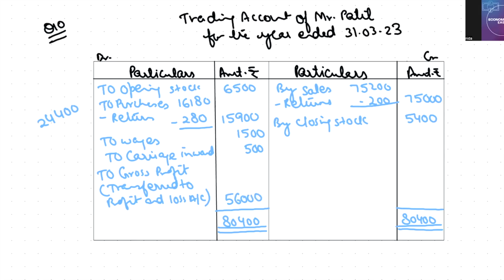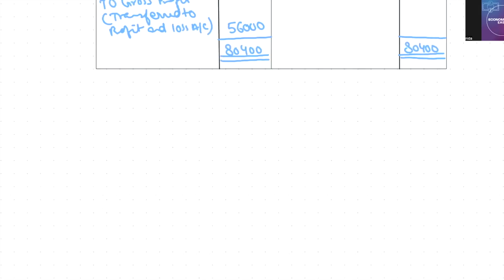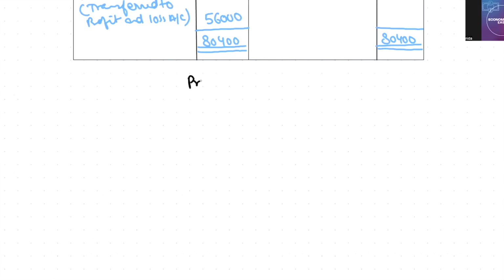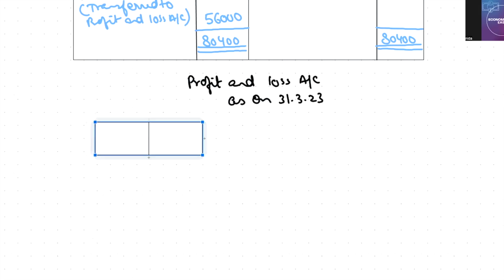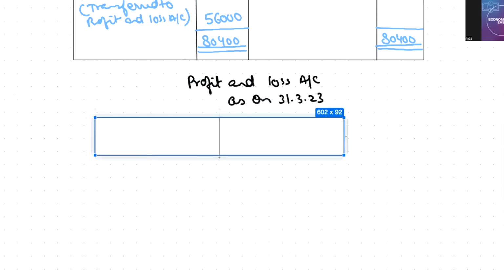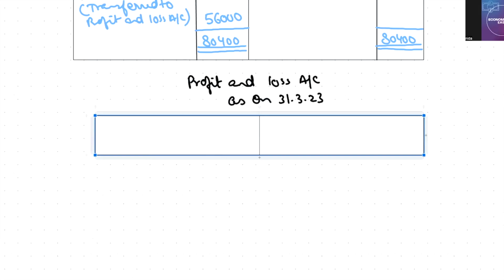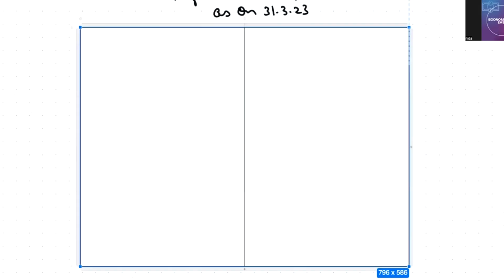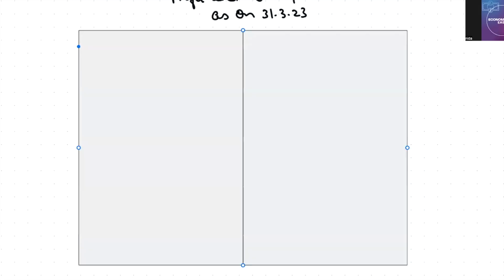Now I'm going to make this part, profit and loss account. Profit and loss account as on 31st 3 23, and then the table. Particulars, amount rupees, debit, credit, everything you have to mention again, okay?